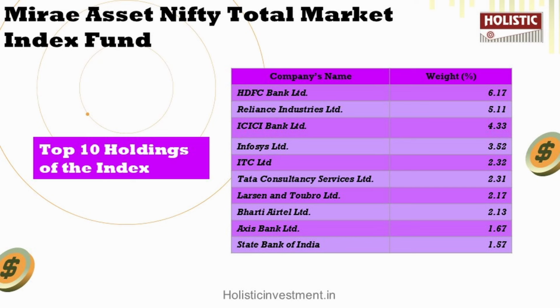The top 10 companies are HDFC Bank Limited, Reliance Industries Limited, ICICI Bank Limited, Infosys Limited, ITC Limited, Tata Consultancy Services Limited, Larsen & Toubro Limited, Bharti Airtel Limited, Axis Bank Limited and State Bank of India. The first position is given to HDFC Bank Limited with a weightage of 6.17%, while the 10th position is given to the State Bank of India with 1.57%.